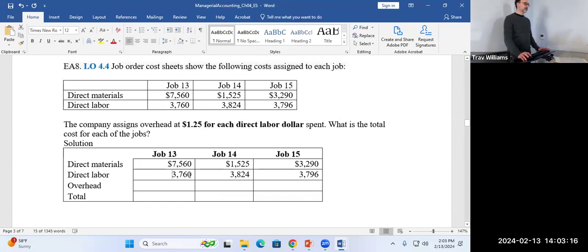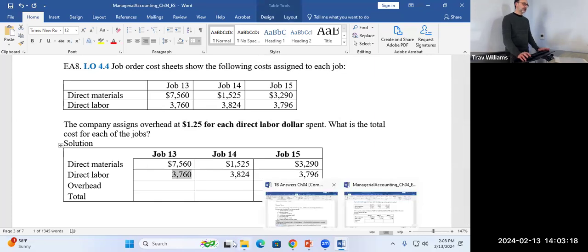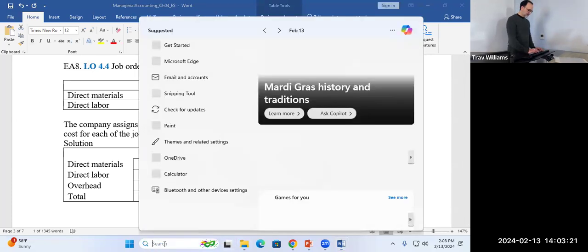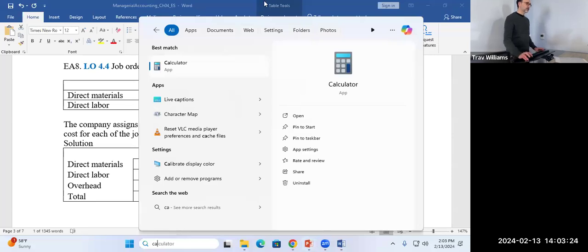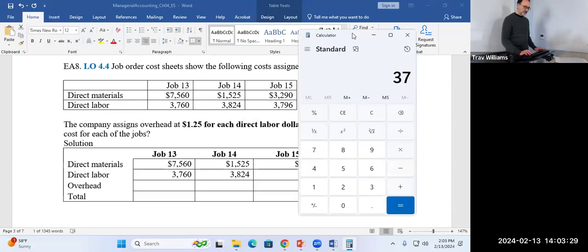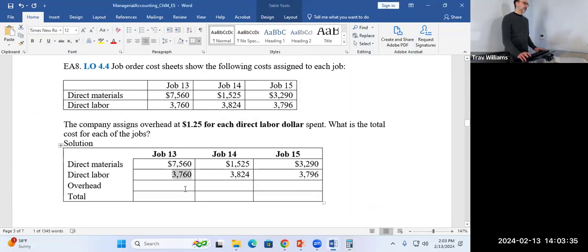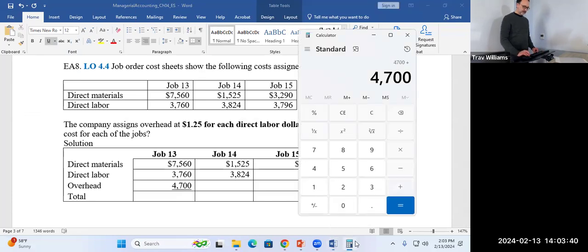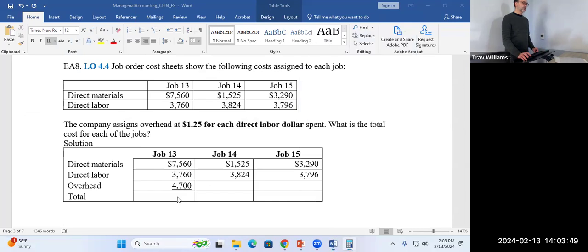So in other words, we're just going to take 3,760, the $3,760 of labor costs for that job multiplied by 1.25. That's $4,700 of overhead. And then we can just add that to the labor costs and the direct material costs to get a total. I got 16,020. Okay. So do the same thing for jobs 14 and 15.